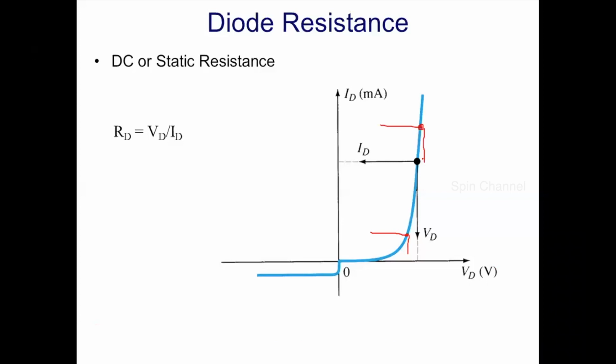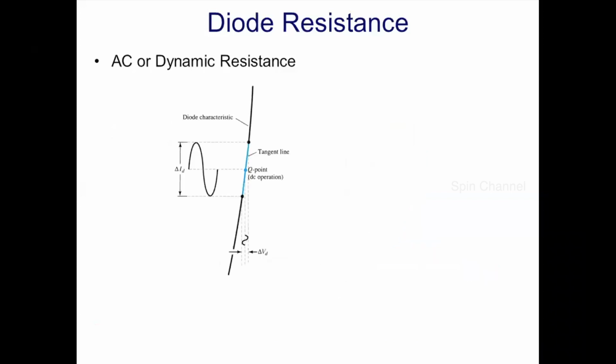So let us define another parameter called AC or dynamic resistance. AC or dynamic resistance is determined by drawing a tangent at the Q point, and the slope of the tangent is the conductance. The reciprocal of conductance will give you the resistance.